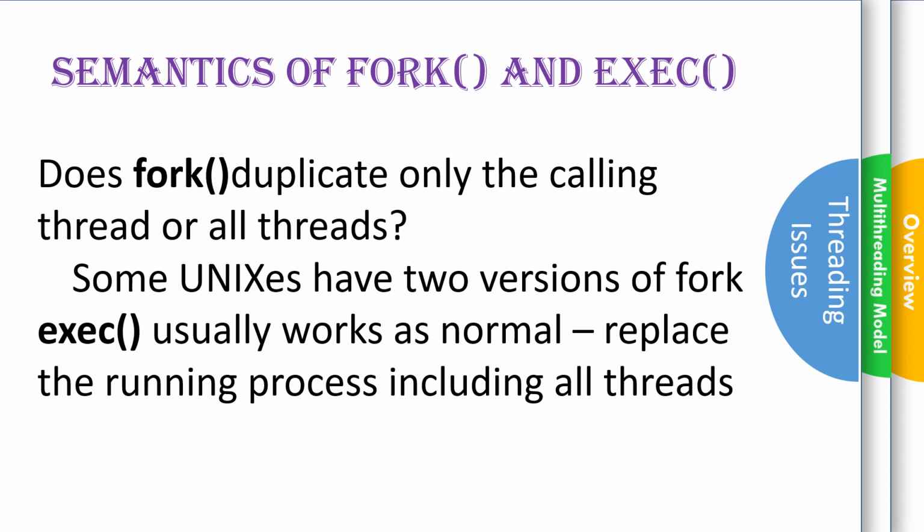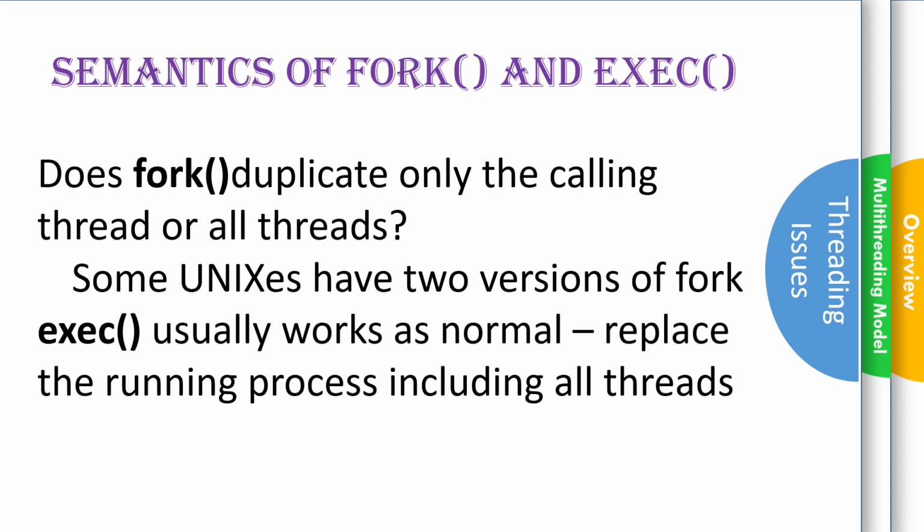Now the question is, should it create a child process with a single thread? That means the thread which called the fork, should that thread be duplicated, or should all the 4 to 10 threads be duplicated?